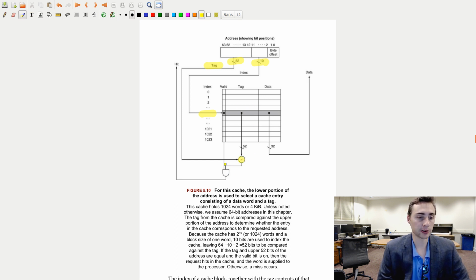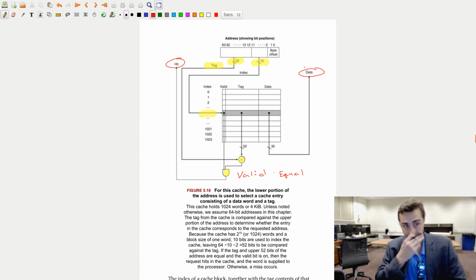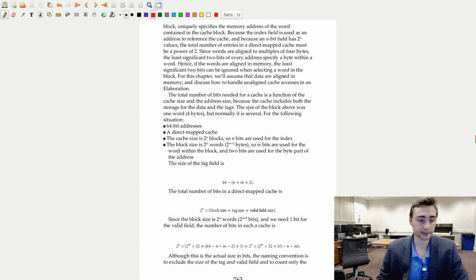And this is an AND gate, so we make sure that it's both valid and equal. That's what we do here. And if it's valid and equal, we send back that it's a hit, and we access that data.